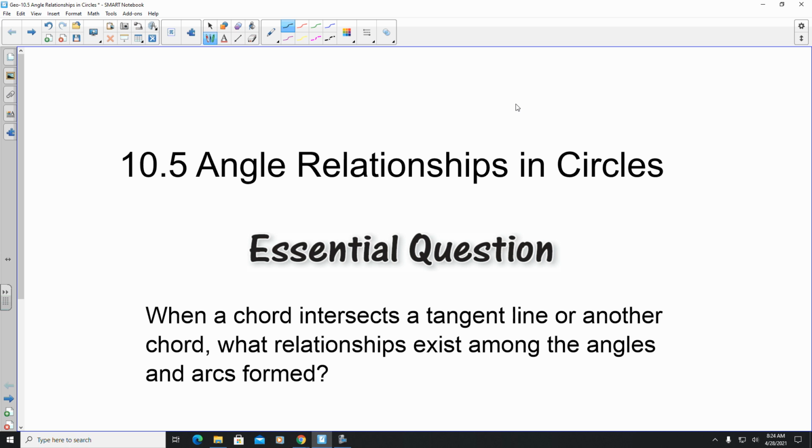Welcome to the video. In this lesson, we're looking at section 10.5, where we're going to be looking at angle relationships in circles.